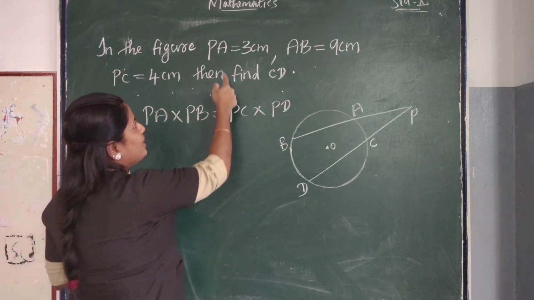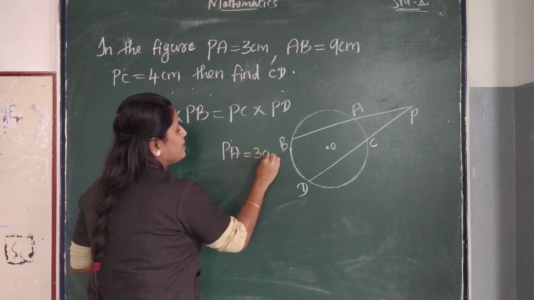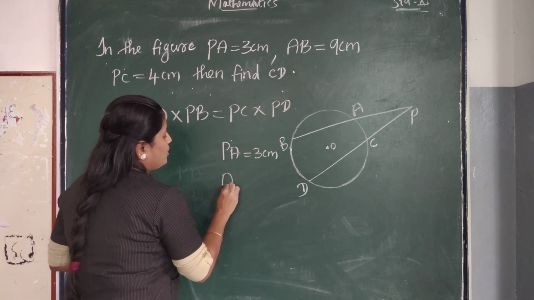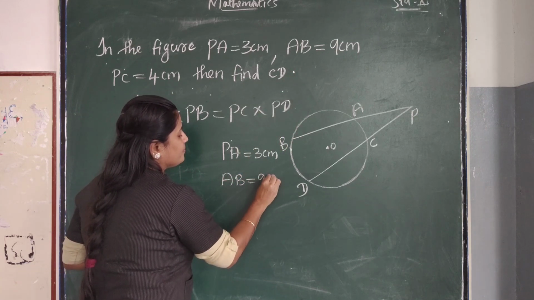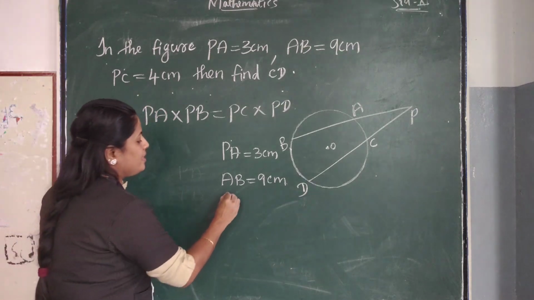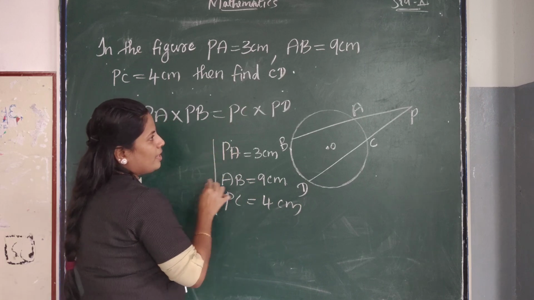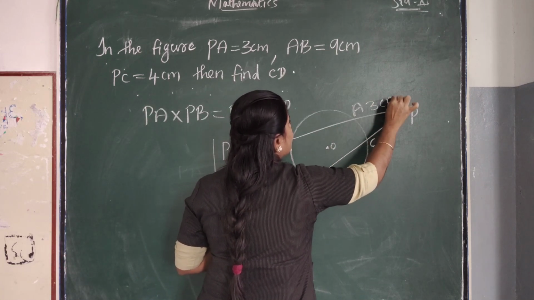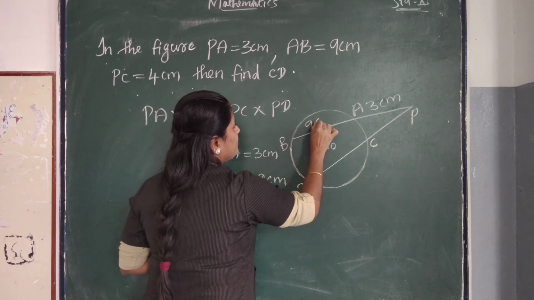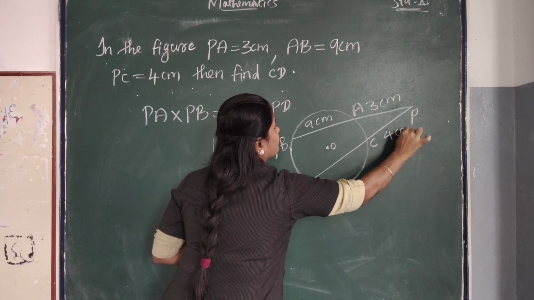What is given in the question? PA equal to 3 cm, AB equal to 9 cm, and PC equal to 4 cm.